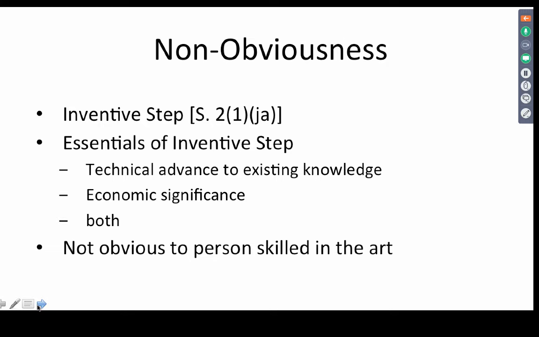You bring the common general knowledge, okay? Common general knowledge a person skilled in the art has. This mental element, I'll call it the mental element, is brought into the inventive step requirement.